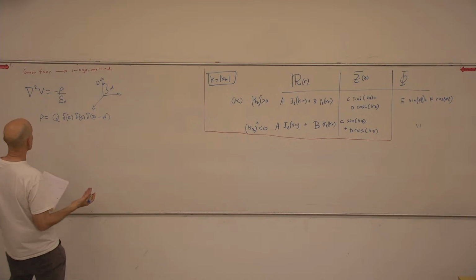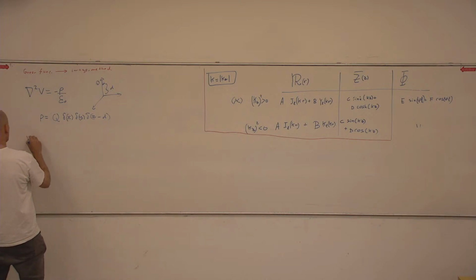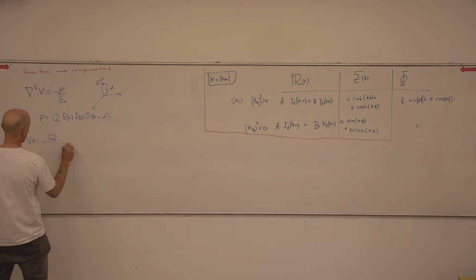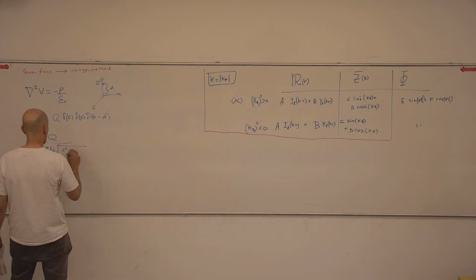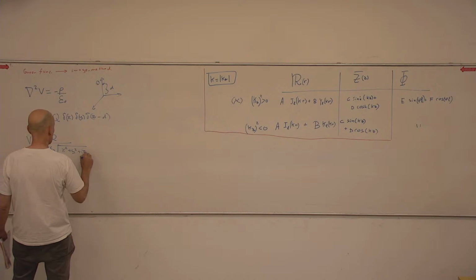And we all know what's the solution. The solution is Coulomb's law, which is simply Q over 4 pi epsilon 0 square root of x squared plus y squared plus z minus d squared.